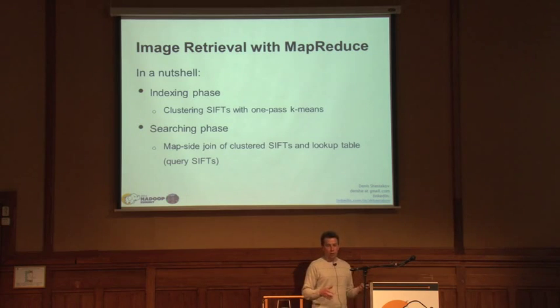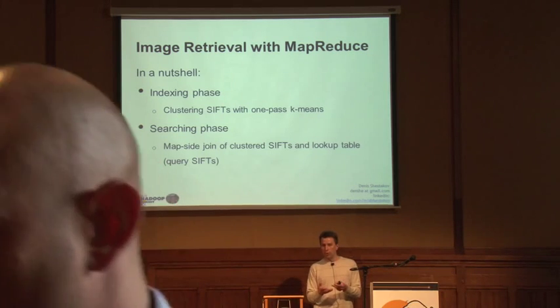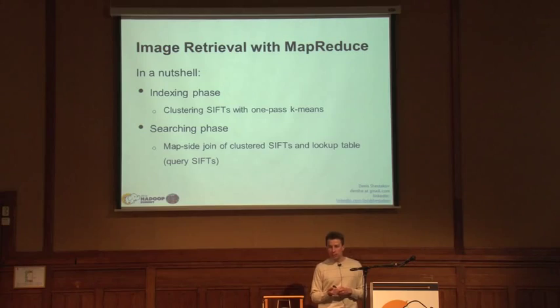In a nutshell, let me reformulate using a different terminology that might be more familiar to you. If you're familiar with clustering techniques such as k-means, then you already know what we do at the indexing phase, because it's essentially one pass k-means over our big collection of SIFT descriptors.